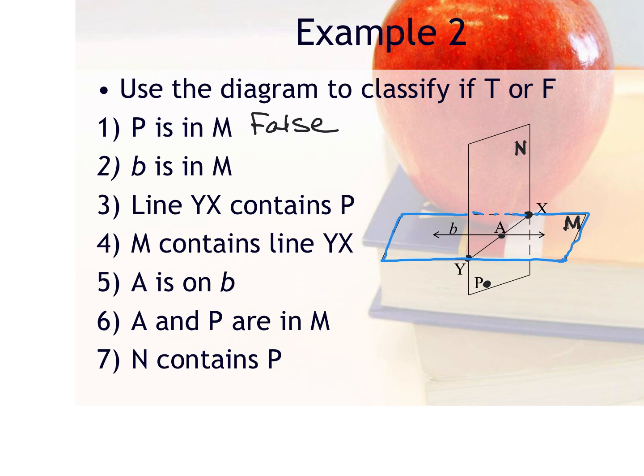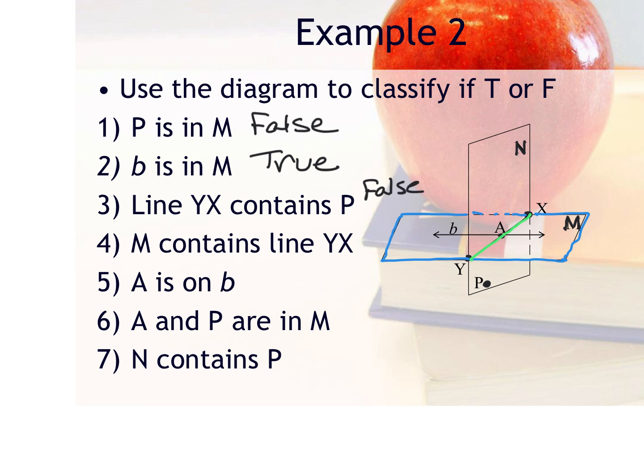So the lowercase b is just naming the line. Okay, b is in M. Is that line in plane M? That is true. Line XY contains point P. False. Good. Because XY is right here, and we can see point P's below it.